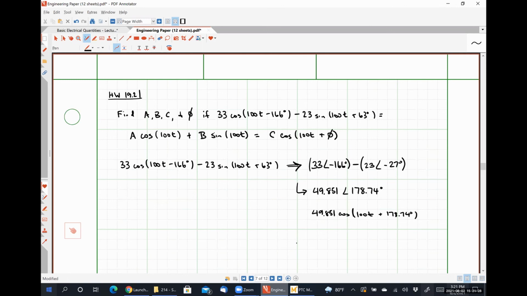So let's scratch this. And scratch that. All right. So when we do 23, I think we get 52.570 with an angle of 177.32. Yeah, I messed up. My bad. Not a problem at all.